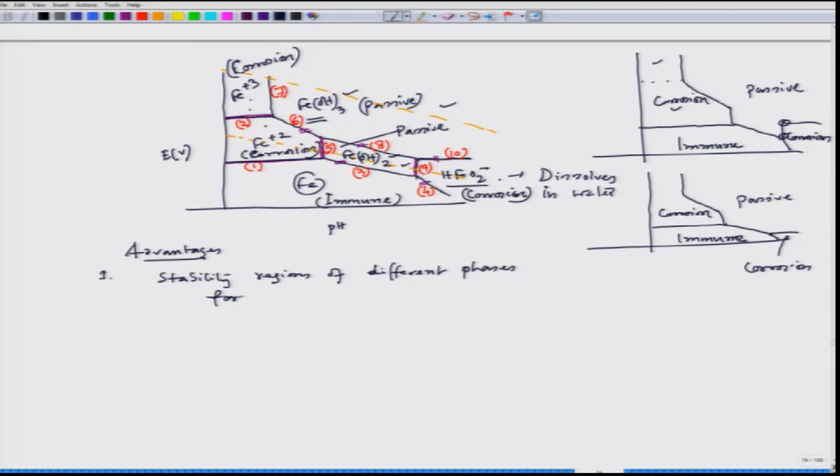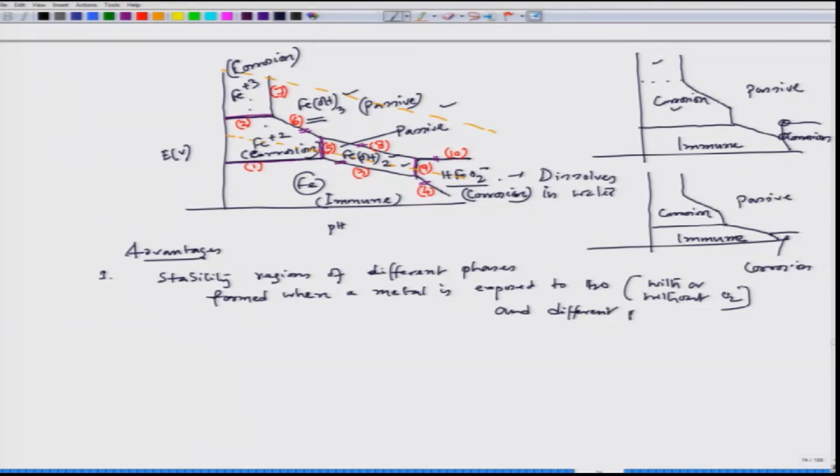formed when a metal is exposed to H2O with or without oxygen and different pH levels.